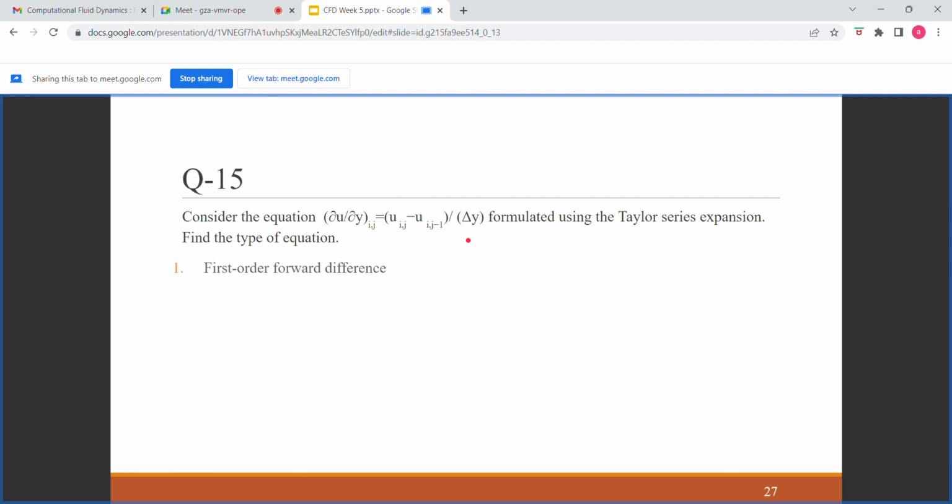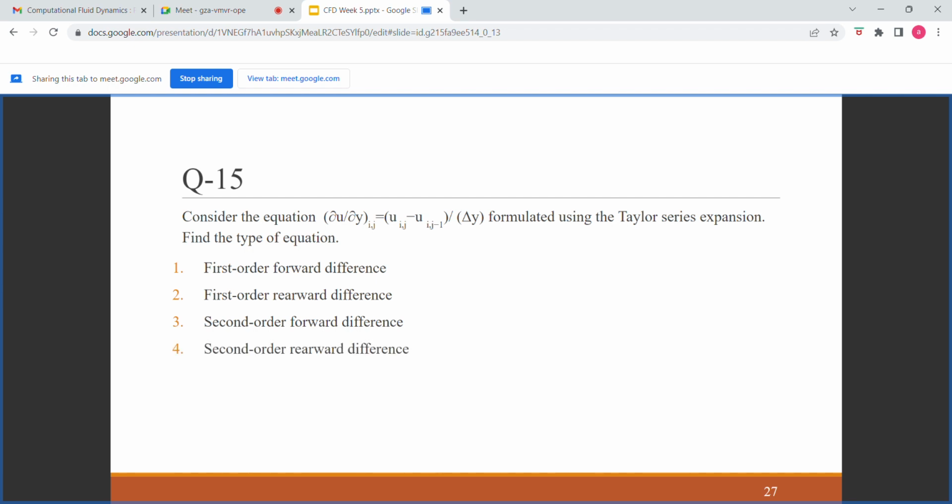We'll see the options, and we have neglected every other term. So basically this we know to be first order expressions. So it is first order forward difference, first order rearward difference, second order forward difference, second order rearward difference.